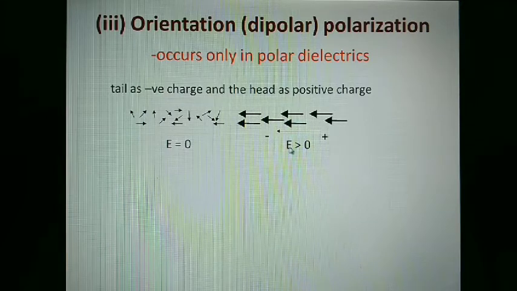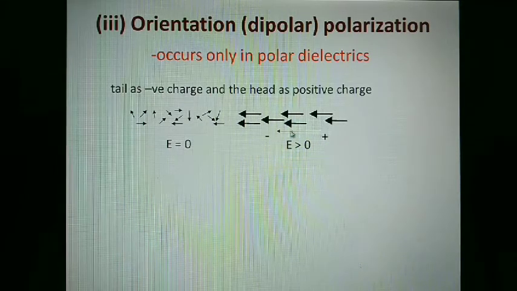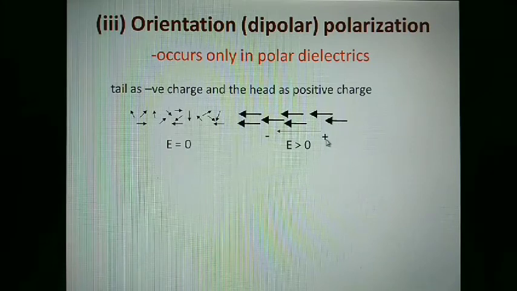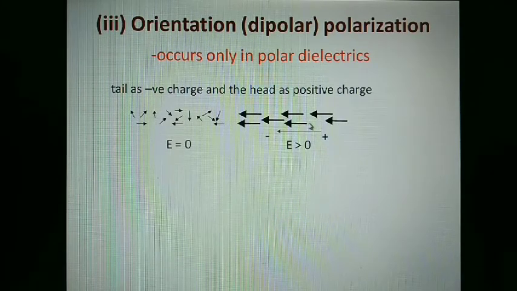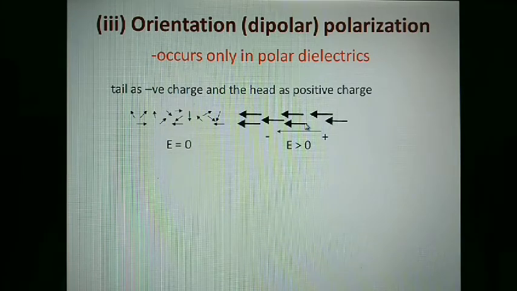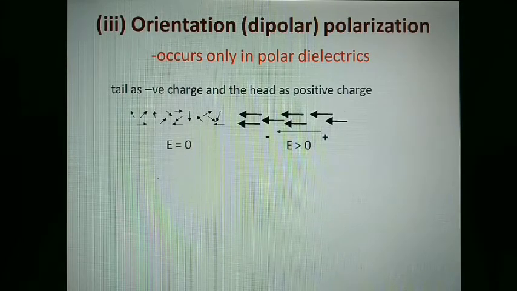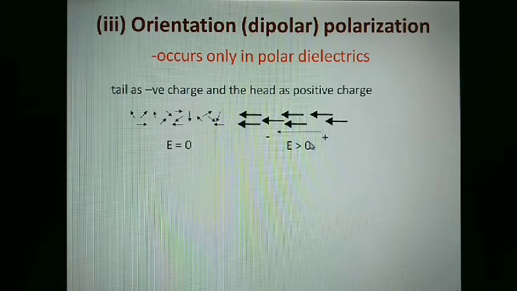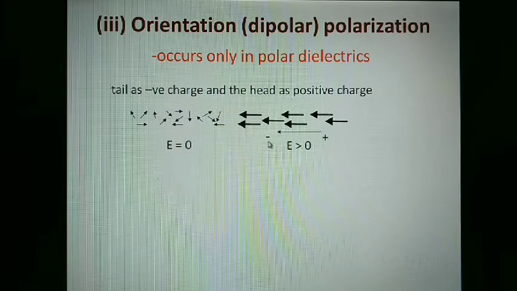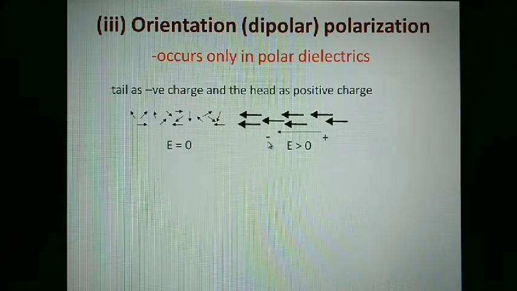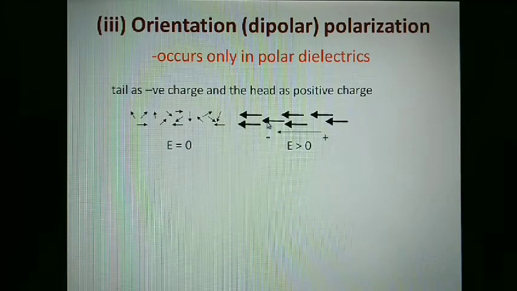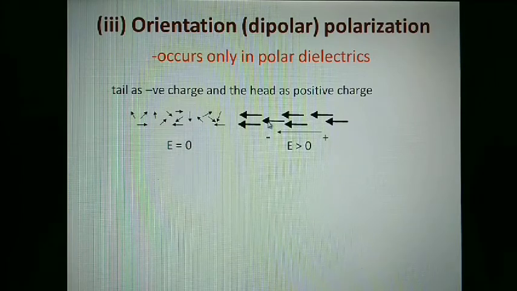For representing the electric field, the tail represents the positive end, but for a dipole, the tail represents the negative end of the dipole. The arrowhead represents the positive end of the dipole. Remember this: the electric field is represented in such a way that the arrowhead indicates the negative side of the electric field, whereas in the case of dipoles, the arrowhead represents the positive side.